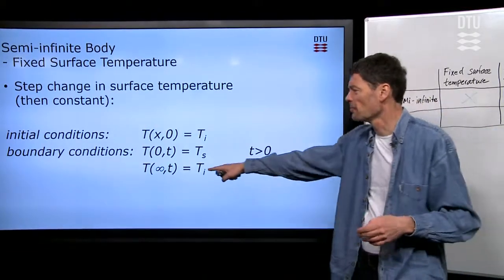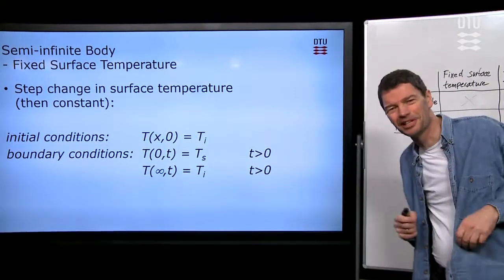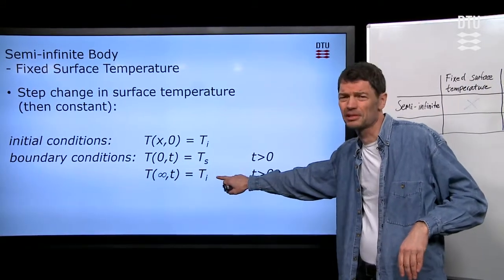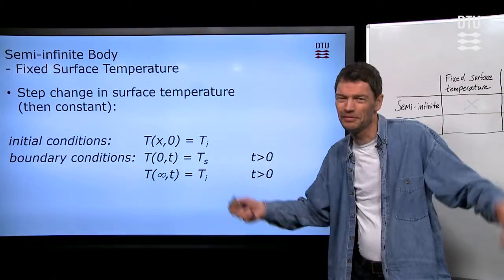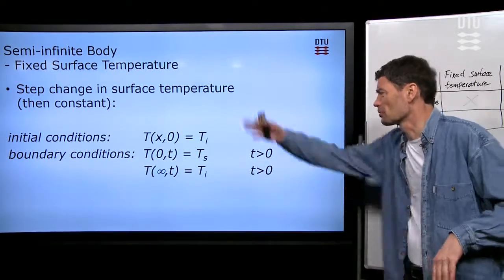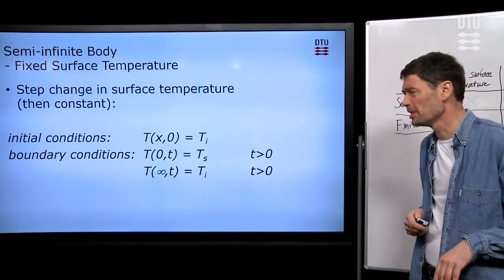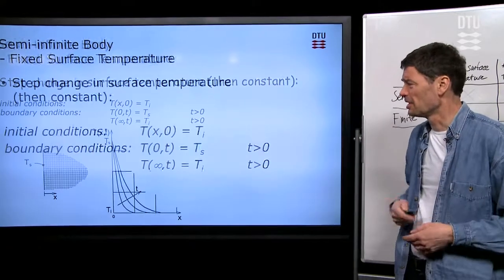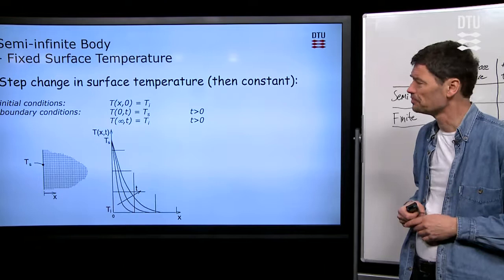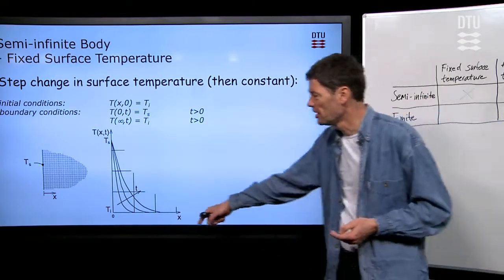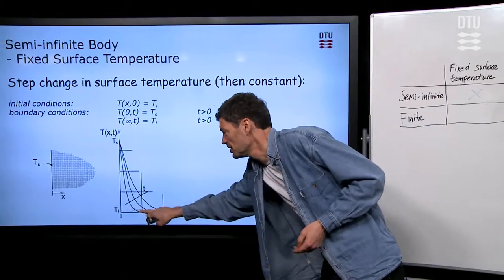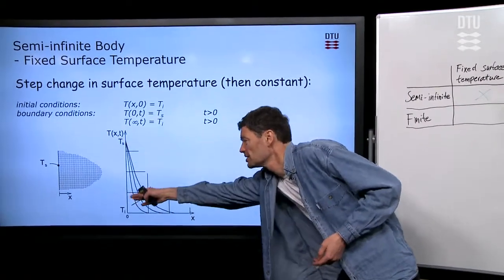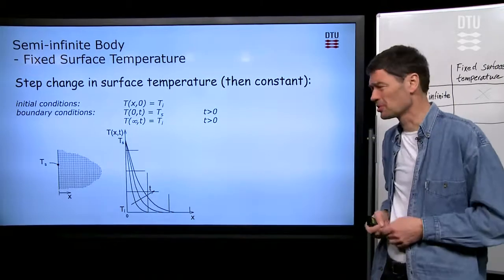And if you go infinitely far into the material, then at such a far distance you will always have the initial temperature, but that's also infinitely far away. So the question is, how does the temperature develop in between after this surface temperature has been imposed on the material? So here's a little bit of graphic, how it goes. Initially we're down here, at the initial temperature, and then we suddenly have a surface temperature arise, and then we're going to look for those temperature curves.